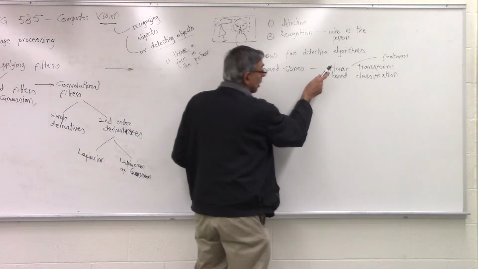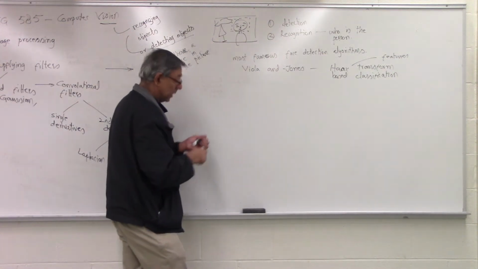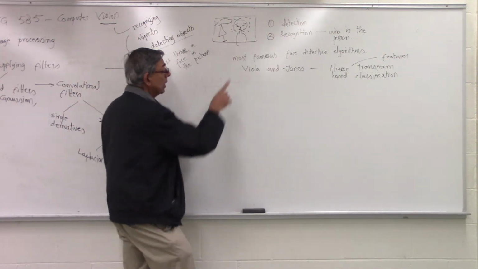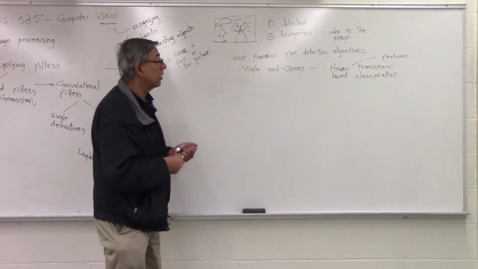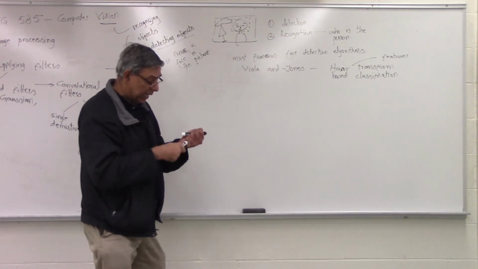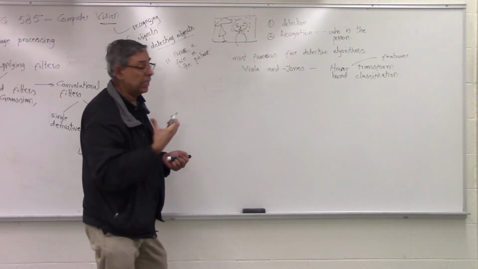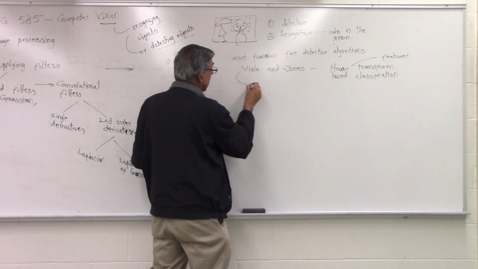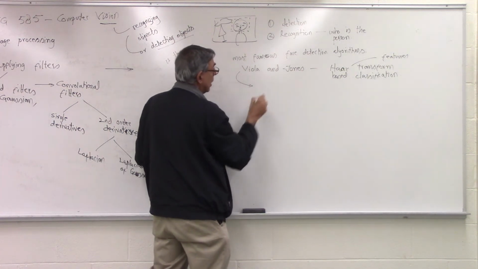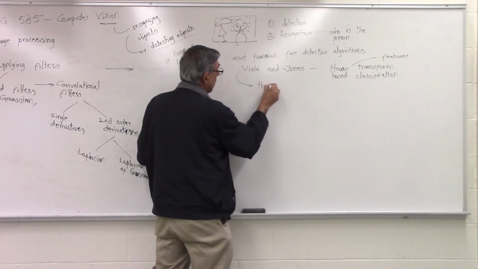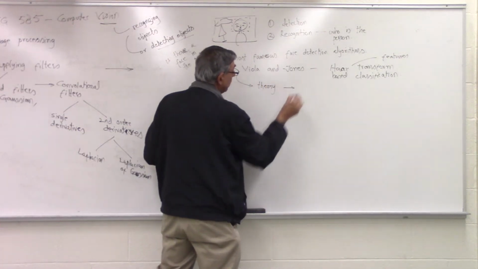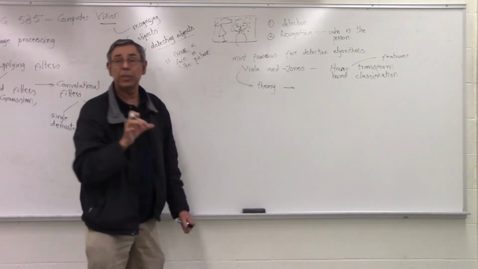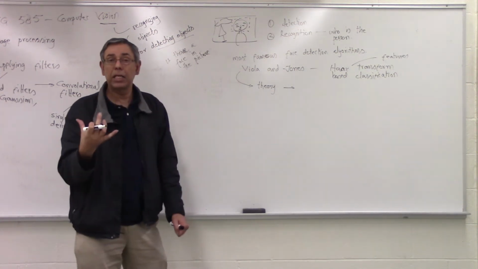So anyway, as we go along, I'll talk about what the Haar transform is, how it works, and how the Viola and Jones algorithm works. Okay, and for a lot of the algorithms that we discuss in this course, after we learn the theory, for some of these algorithms, you'll program the base algorithm yourself, okay?